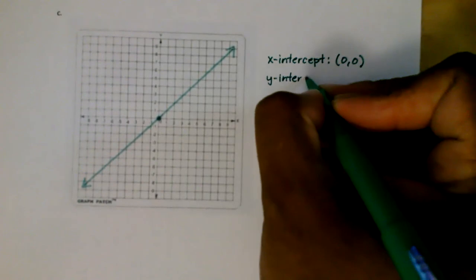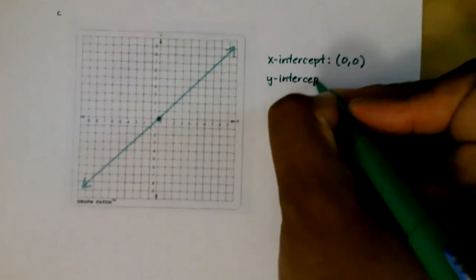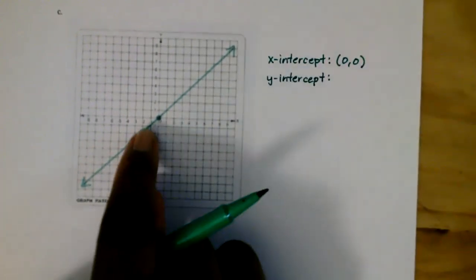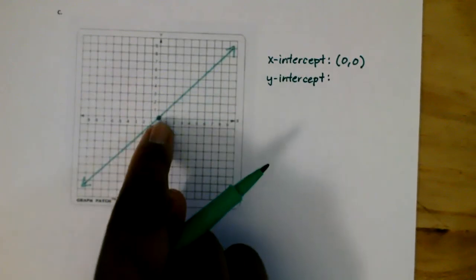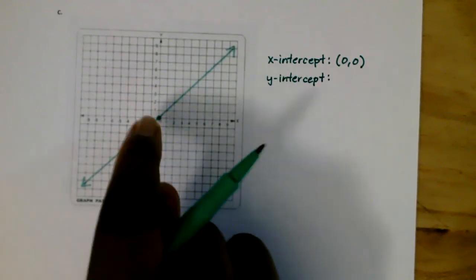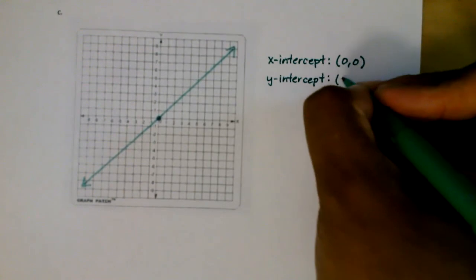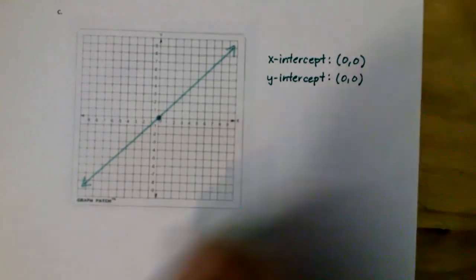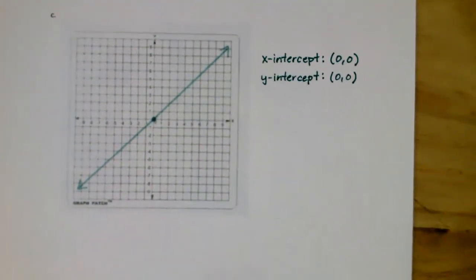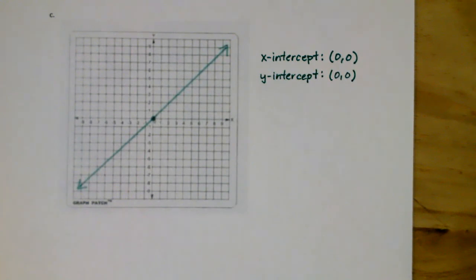And the y-intercept. Here's the y-axis. It's crossing the y-axis at 0 as well. So that ordered pair would be 0, 0. So here you have a case where the x-intercept and the y-intercept are the same. Okay.